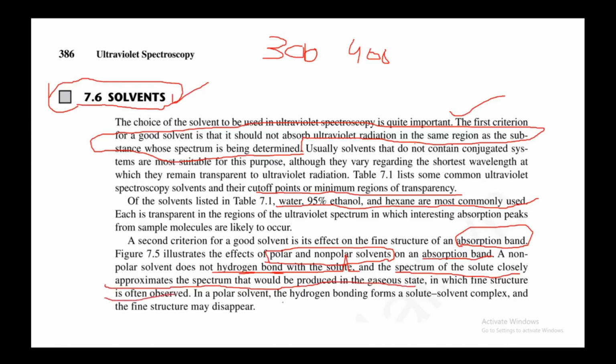In a polar solvent, the hydrogen bonding forms a solute-solvent complex and the fine structure may disappear. So it's always better to use non-polar solvents.